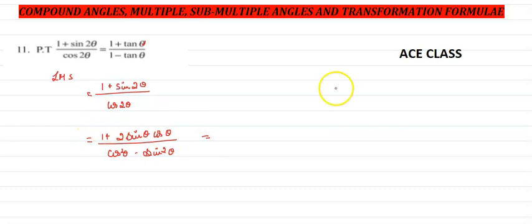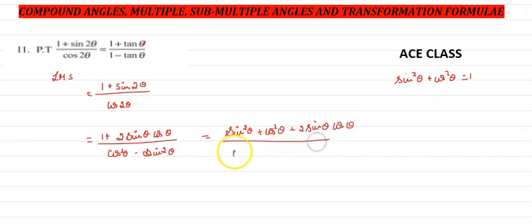The 1 I can write using the basic identity, sin square theta plus cos square theta equals 1. So 1 I will write as sin square theta plus cos square theta plus 2 sin theta cos theta, whole divided by cos square theta minus sin square theta. Here the numerator is in the form a square plus b square plus 2ab, which you can write as (a plus b) whole square.